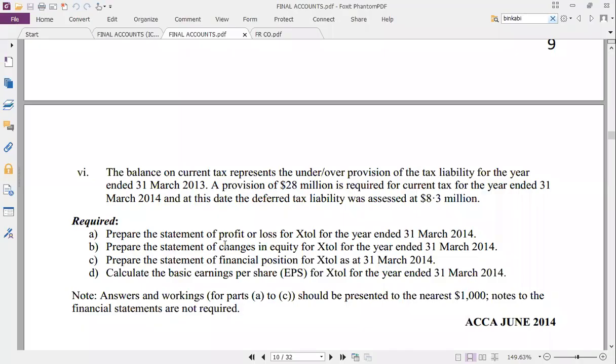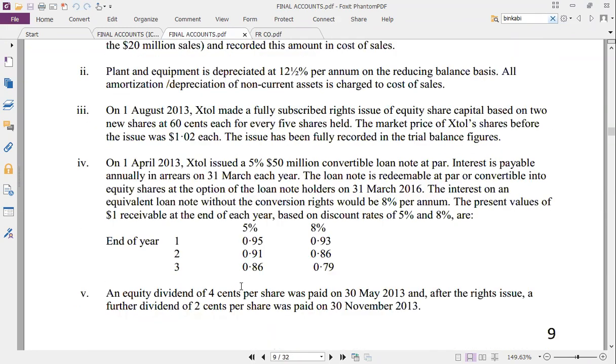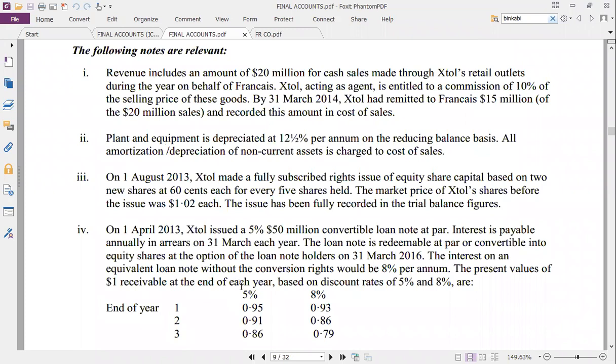Let's see. A statement of changes in equity for Extol for the year ended 31st March 2014. Prepare the statement of financial position for Extol and then calculate the basic earnings per share. Good. This pattern is similar to that of the first one that we looked at last meeting.